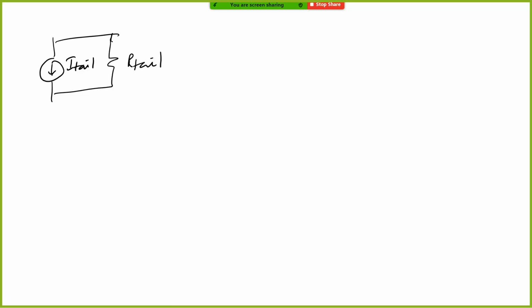Now when you are splitting it into 2, how will you split it? Because if you join the 2, you should get back the original circuit. So I tail can be split into I tail by 2 and 2 times R tail.